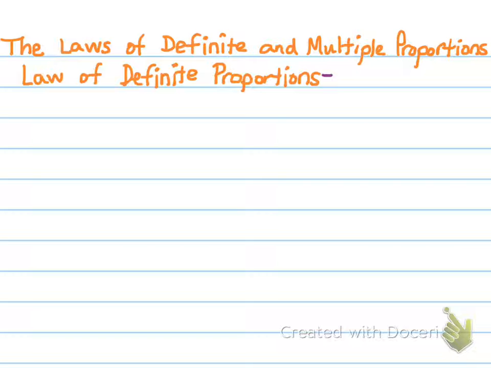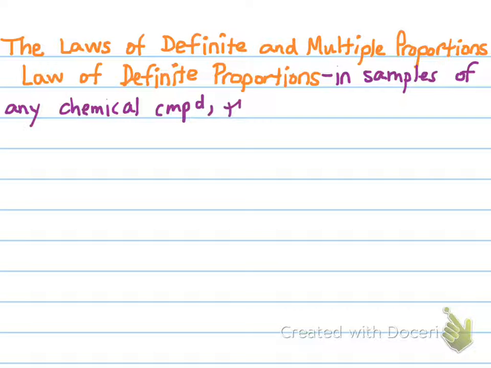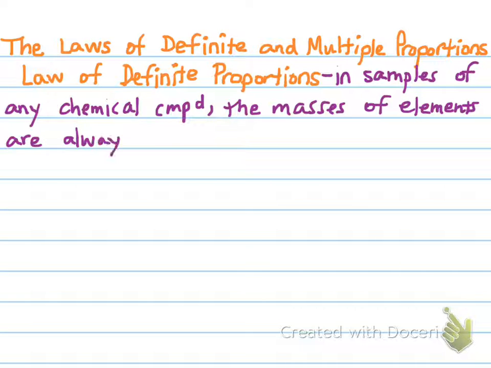So the law of definite proportions says that in samples of any chemical compound, the masses of elements are always in the same proportions.